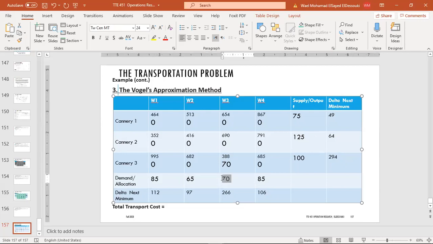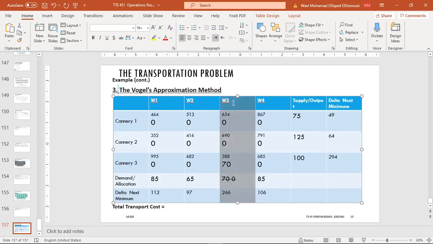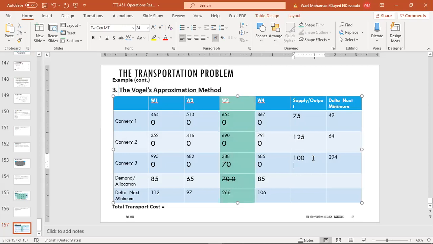This one becomes striked and becomes 0. This entire column goes out of the calculation. And this available here, instead of 100, becomes 30.